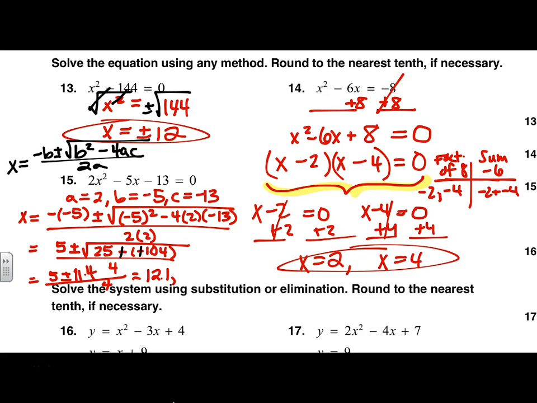And what's 5 minus 11.4, divided by 4? 5 minus 11.4.